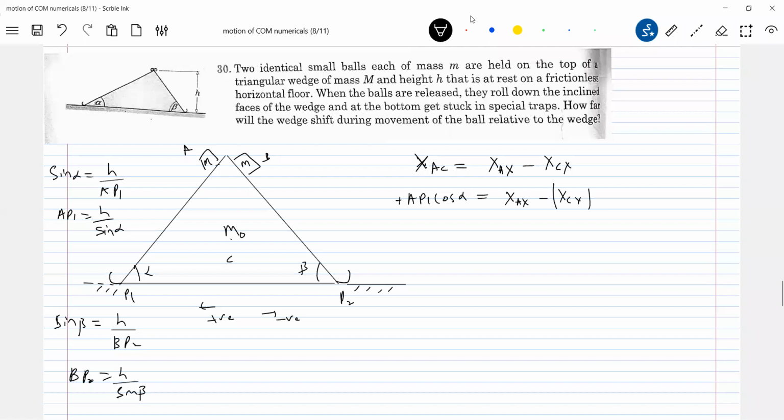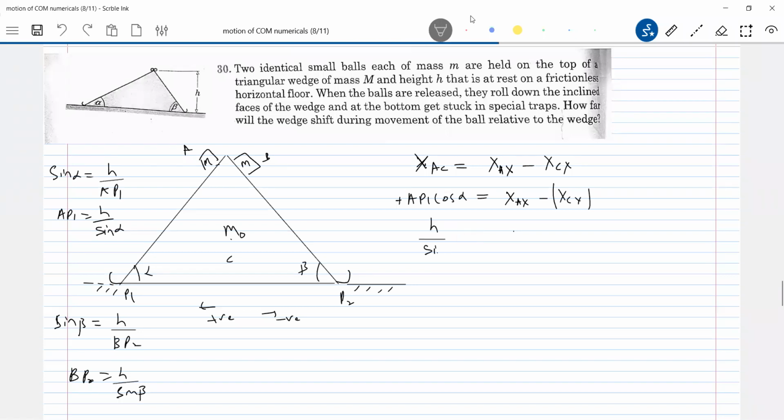Let's not go for sign. So what is XAX equal to? XAX is equal to AP1. We don't know AP1. Okay, let me substitute value. What is AP1? H by sine alpha.